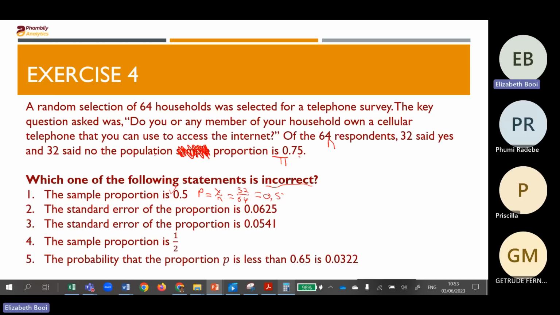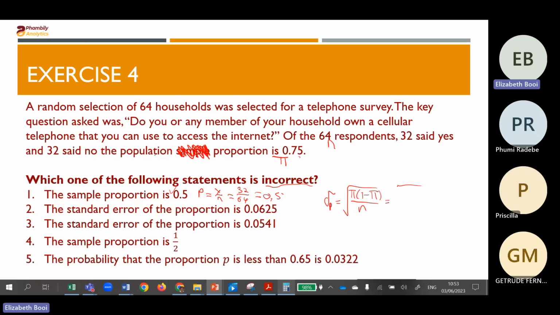The standard error of the proportion is that. The standard error of a proportion is this. So we've got now option 2 and option 3 asking us the same thing. So let's go and see. The standard error of the proportion, remember, is the population proportion times 1 minus the population proportion, divided by n.